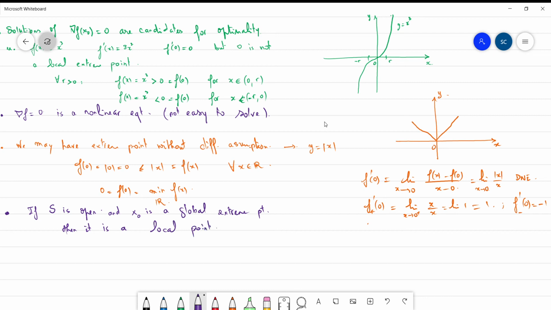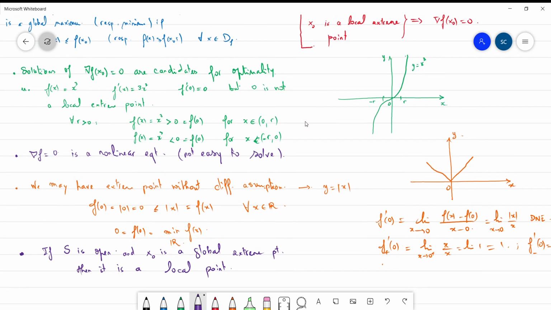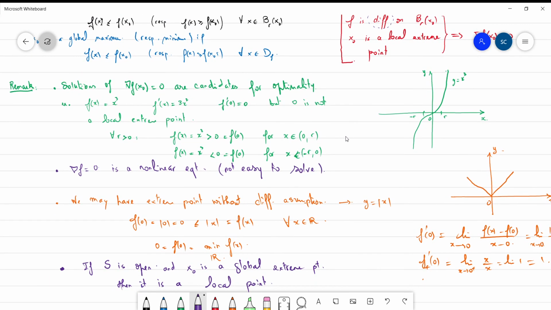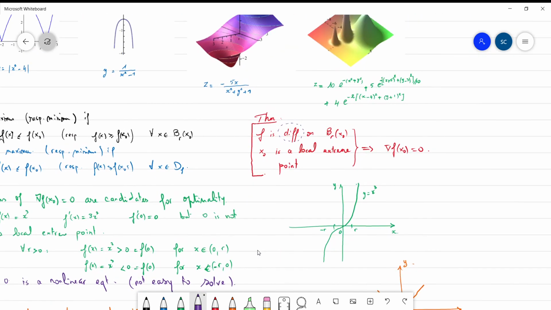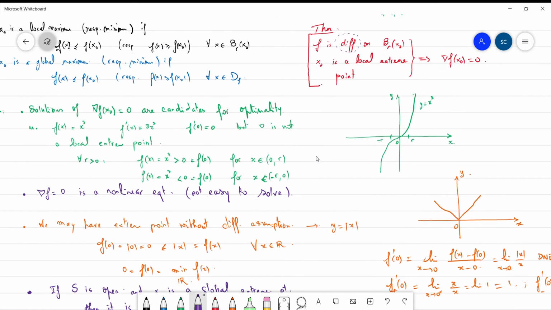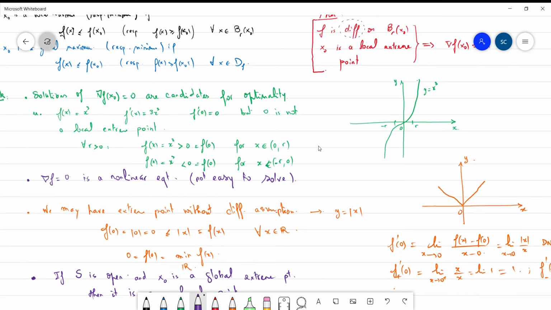It's like here, R is open, 0 is the global minimum, and it's also local. Because the comparison is done over the domain, it remains true by restricting the domain to an interval centered at the point considered. So these are the main properties.